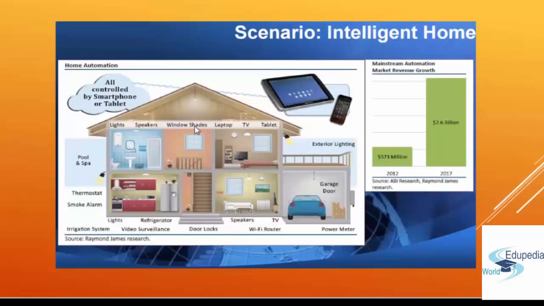Speakers, window shades, all of these. You're sitting down and it's suddenly too sunny in the room. You just use the tablet and you put down the shades. You see the status of the shades and then you just change the status of the shades, and this information is sent to the server that is controlling the smart home app, and the server is going to take an action, and then it is going to talk to the smart chip embedded in the shade controller.